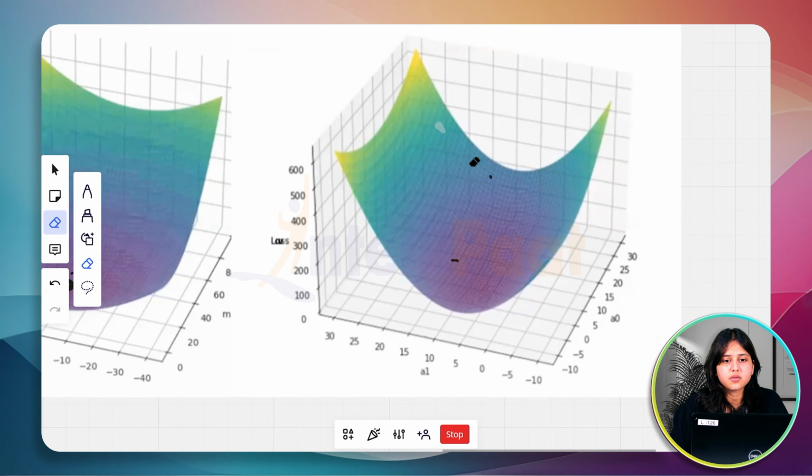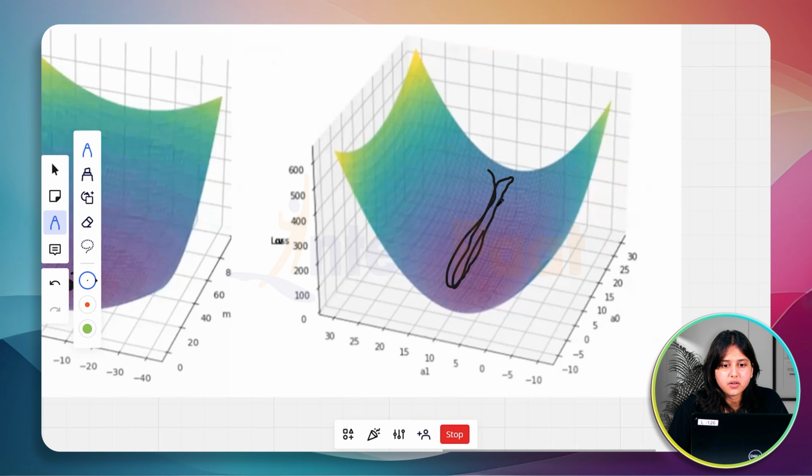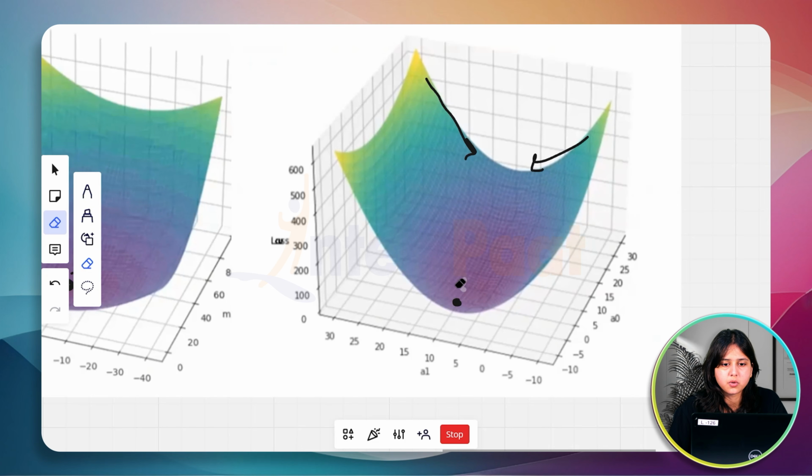So this is basically known as an elongated problem, because as you can see in the graph here, something like a straight elongated valley forms over here. Now this could have a slope towards this end, but it is mostly straight. You can see there's a slope over here, there's a slope over here, but this part doesn't really have a lot of slope.